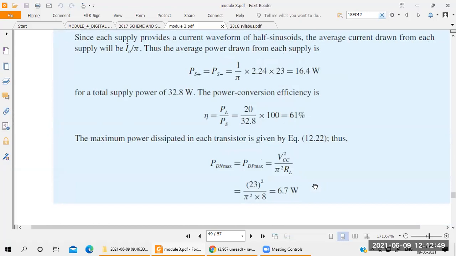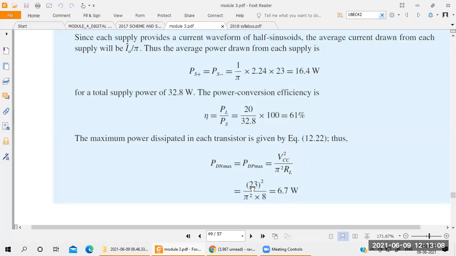Okay, when you come to the maximum power dissipation, the maximum power consumption for the class B amplifier, what is the equation? VCC square divided by pi square into RL. So what is VCC here? 23.